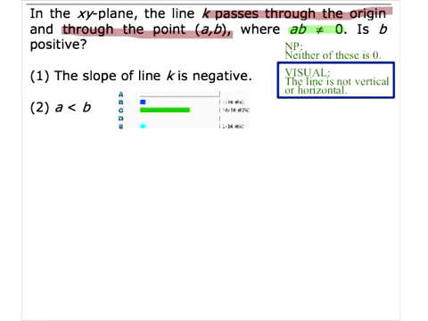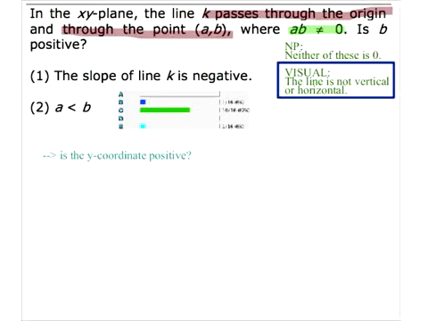Okay, is B positive? So the question is about the y-coordinate of this point. Is the y-coordinate positive? So number one, it's probably better to do this visually.